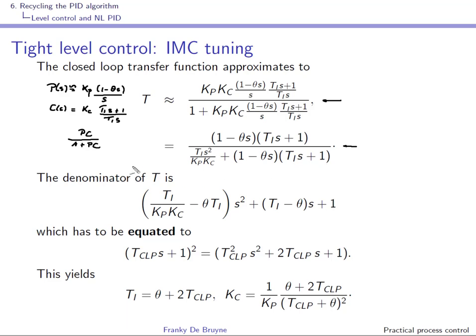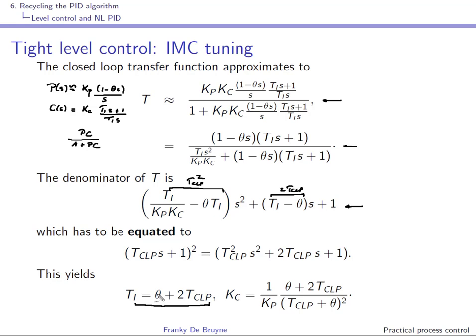So this denominator of the closed loop transfer function is given over here. And you have to equate this to the denominator we had imposed in the previous slide. So this one here is TCLP squared, right? And this is 2 times TCLP. This is kind of obvious, right? So this will yield Ti.